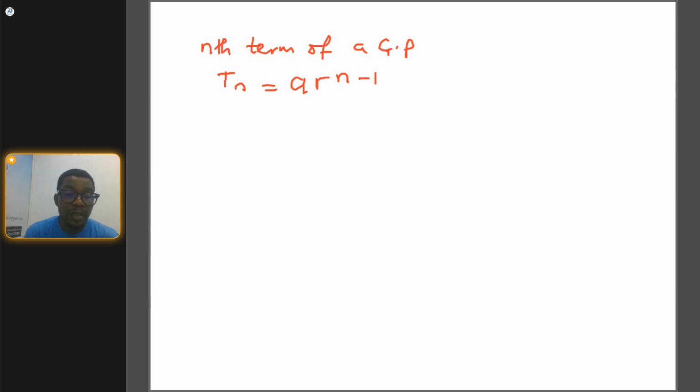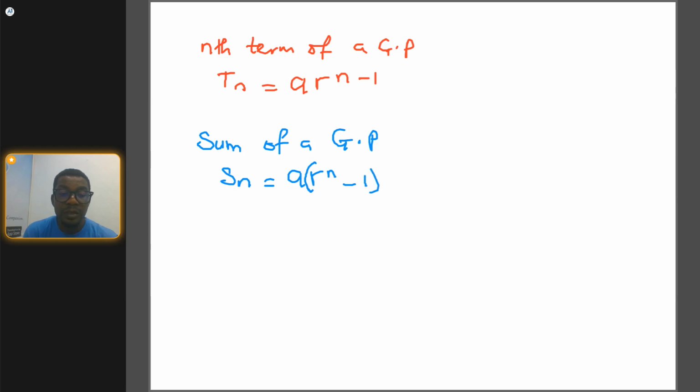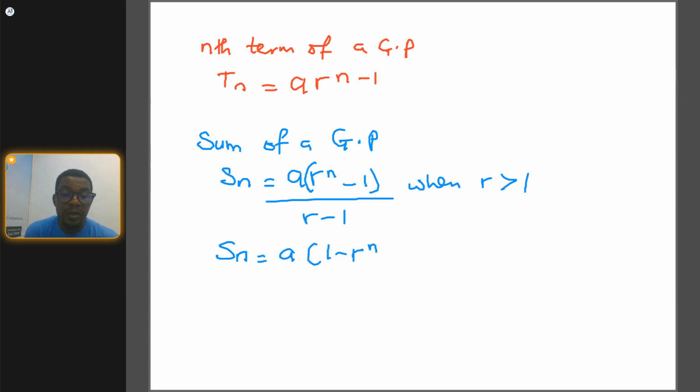And we also talked about the sum of a GP, which is expressed as Sn equals a open bracket r to the power n minus 1 close bracket over r minus 1 when r is greater than 1. And the second is given as a into bracket 1 minus r raised to power n, close the bracket, all over 1 minus r when r is less than 1.